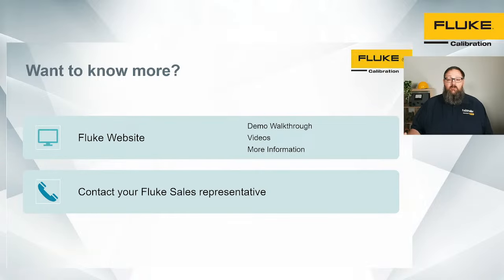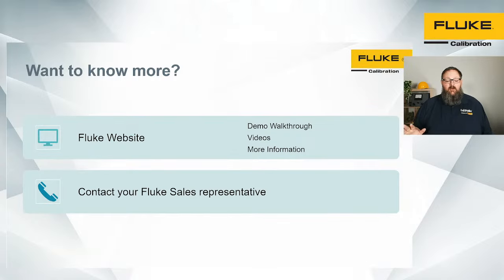And that is a good point to point out, if you want to know more, or want to have a conversation about where it makes sense to move into CalStudio and what that would look like cost-wise, the first place I'll recommend is the Fluke website. We now have a page. If you go to just fluke.com, right in the top right is a link to the CalStudio product page. On there, you will find a demo walkthrough that you can view on your own without any kind of login.